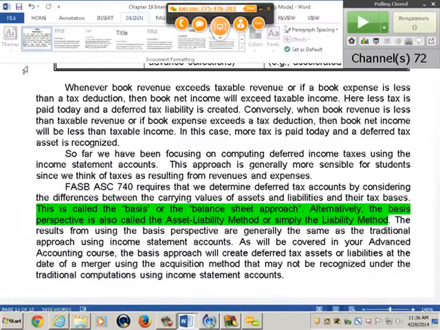But I'll give you a perfect example. What if on your books you have an asset, PP&E, for GAAP, $200,000. For tax, this is the book value. Tax basis, as it's called.